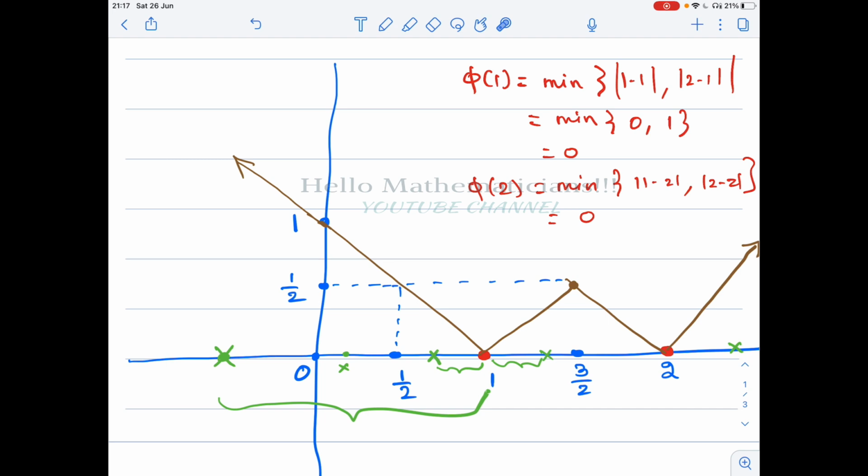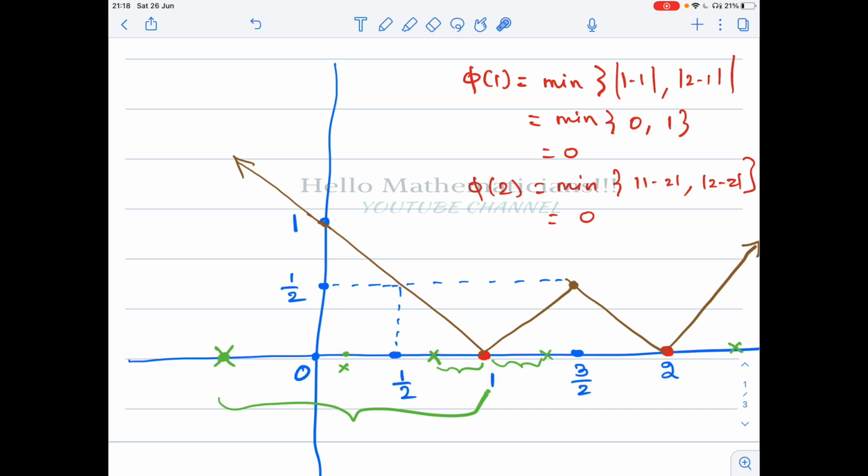Suppose this is my x, phi of x will be the minimum of this distance and this distance. Clearly this is the least, so this length of the line segment is the phi of x value. If you take a point here also, this distance is the least compared to the distance between x and 2.